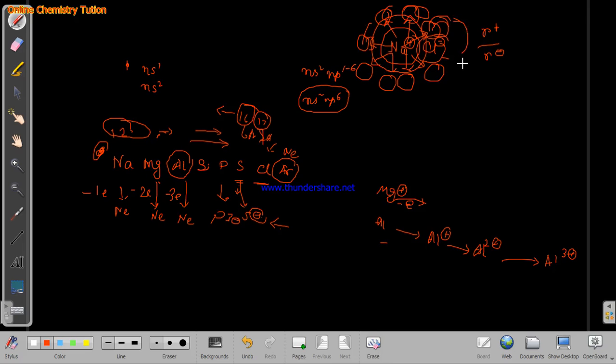So the coordination number depends on the radius ratio of the cation and anion. So this is our ionic bond. We will discuss further in our next video.